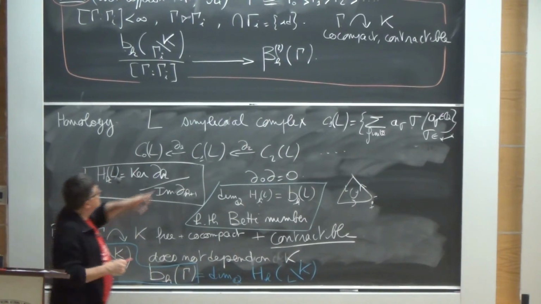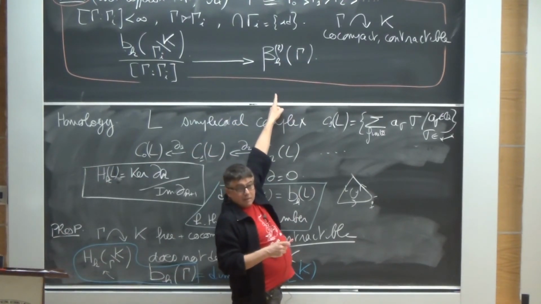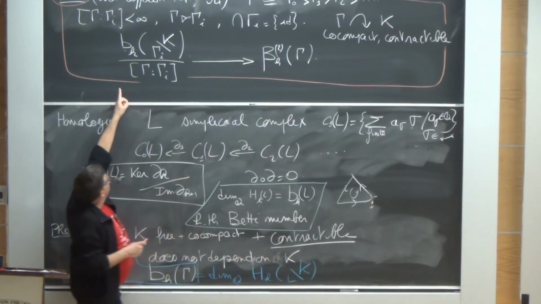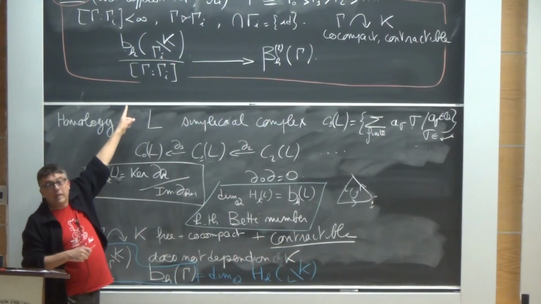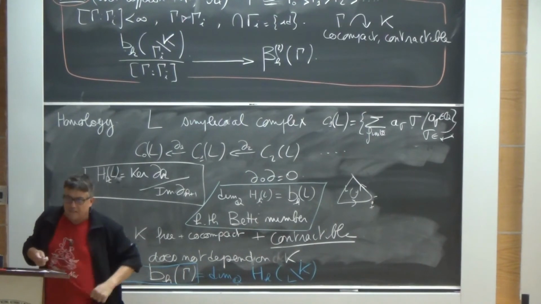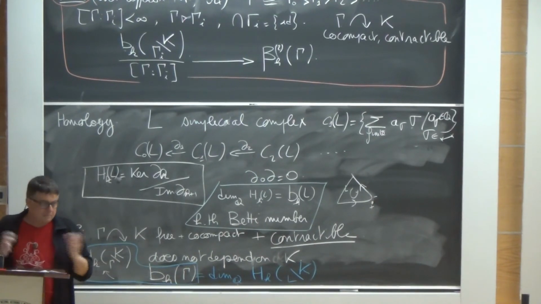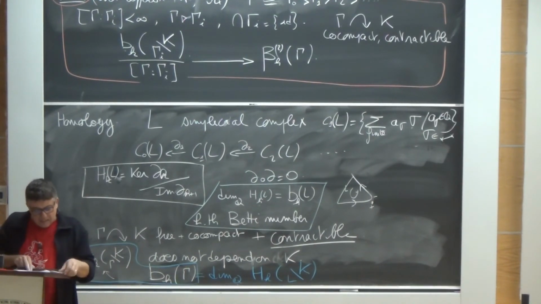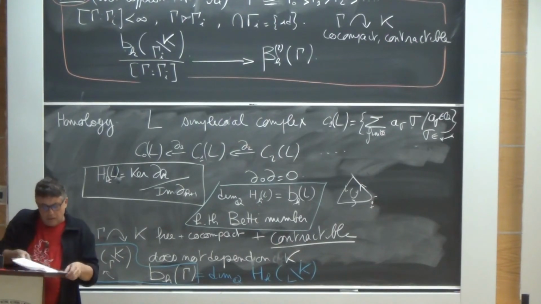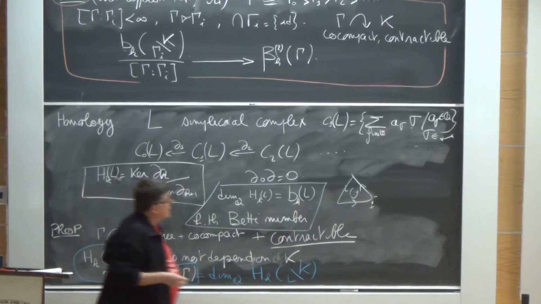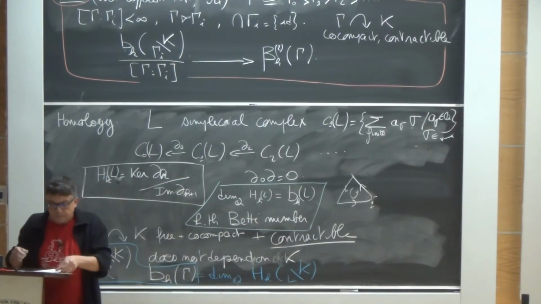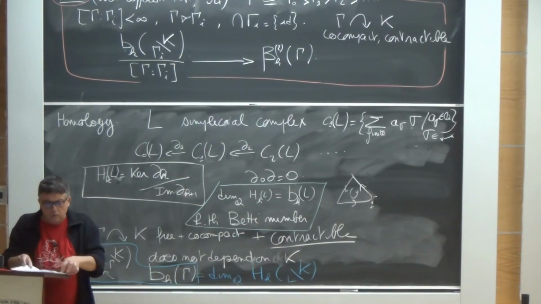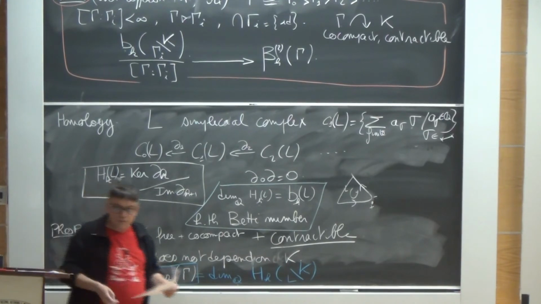And thus, if you know that this is non-zero, then you know that this should be non-zero and grow linearly. Okay? This is the explanation for the corollary I gave you. And now let me switch to L2 homology.